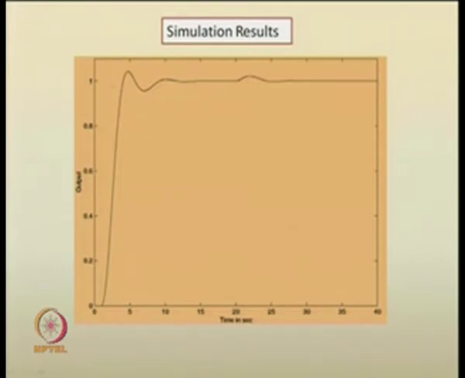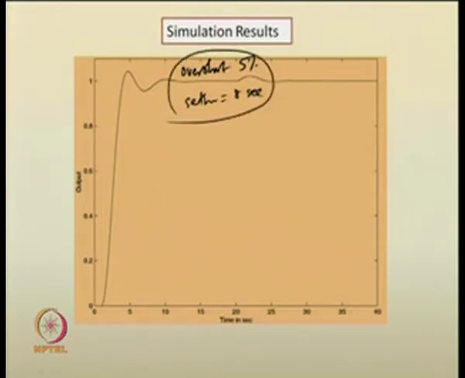As we expect, the output here has an overshoot of 5%, and a settling time of 8 seconds as expected. So, what we get basically? We get a closed loop response very much similar to that of a standard closed loop transfer function.